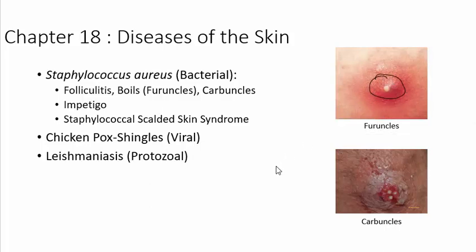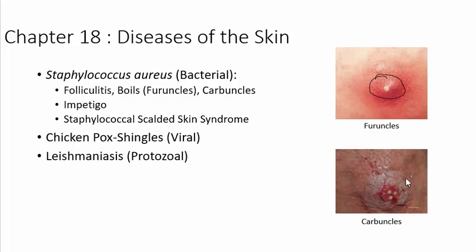That would just be a single pus-filled lesion, and that would be a furuncle. Folliculitis may have a red, tender area, maybe an abscess, but until it has this pus-filled lesion, I wouldn't call it a furuncle.